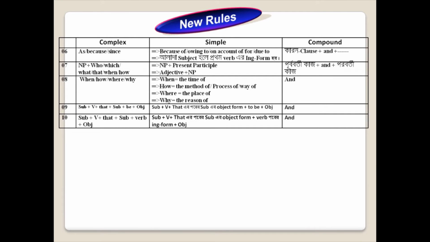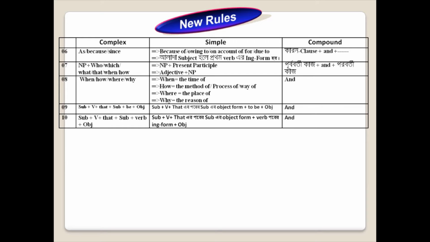Rules number 6. If there is as or because or since in complex, you will have to use because of, owing to, or on account of, for, due to in simple.